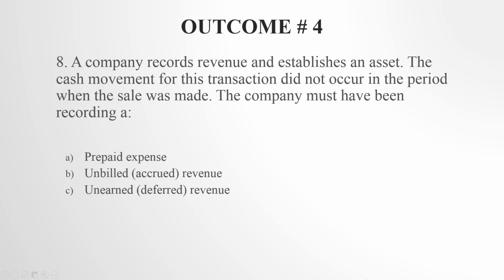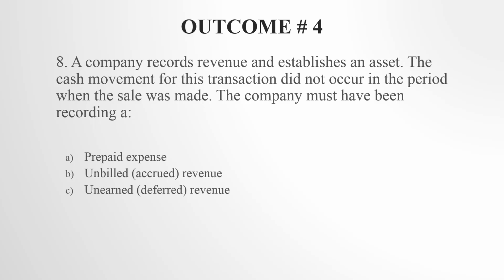Next question. A company records revenue and establishes an asset. The cash movement for this transaction did not occur in the period when the sale was made. The company must have been recording A. Now, let's look at all of these three options.